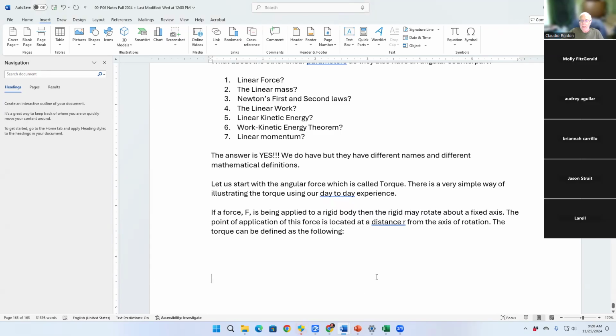Okay? Consider that the point of application of this force with respect to the axis of the rigid body is located a distance r from the axis of rotation.